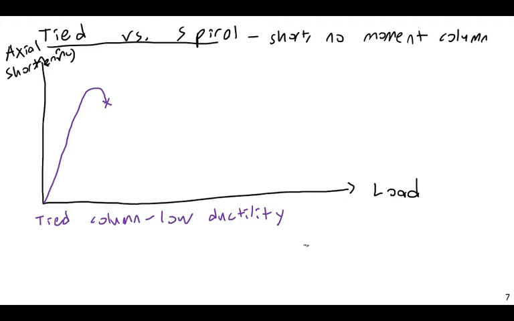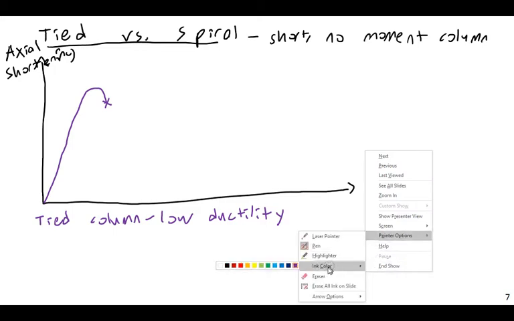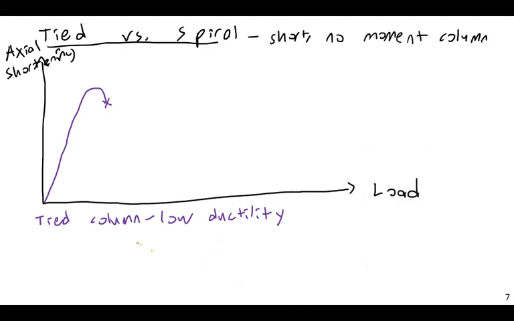Now let's look at the spirals. Because they're better able to confine the concrete, they sort of lock the concrete together much more effectively. This allows more of a 3D stress state to develop, and this in turn produces greater ductility.